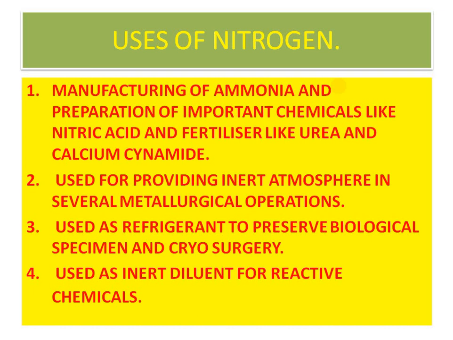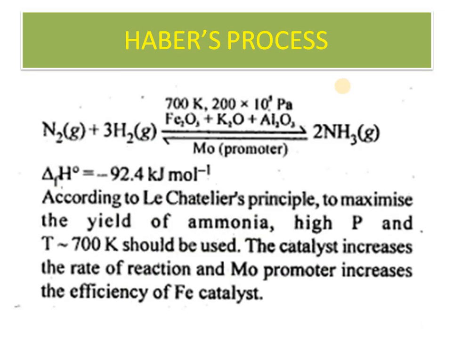So if you remember Le Chatelier's principle, there was one effect, that is the effect of addition of inert gas. That's the point. So now Haber's process: finely divided iron as oxide, with K2O and Al2O3 used as promoter, and molybdenum as well. One of the two can be used.